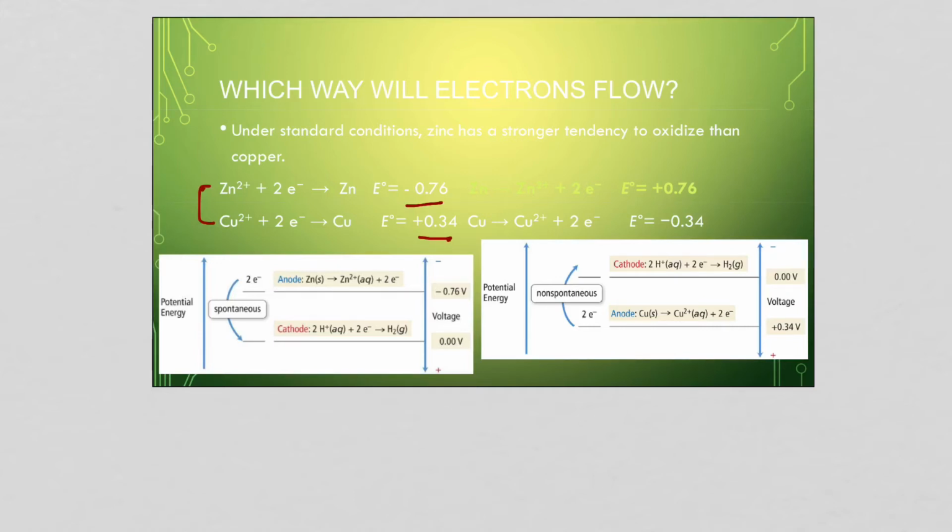So electrons are going to want to flow like this. How do we then figure out what the voltage is if we set up this cell?